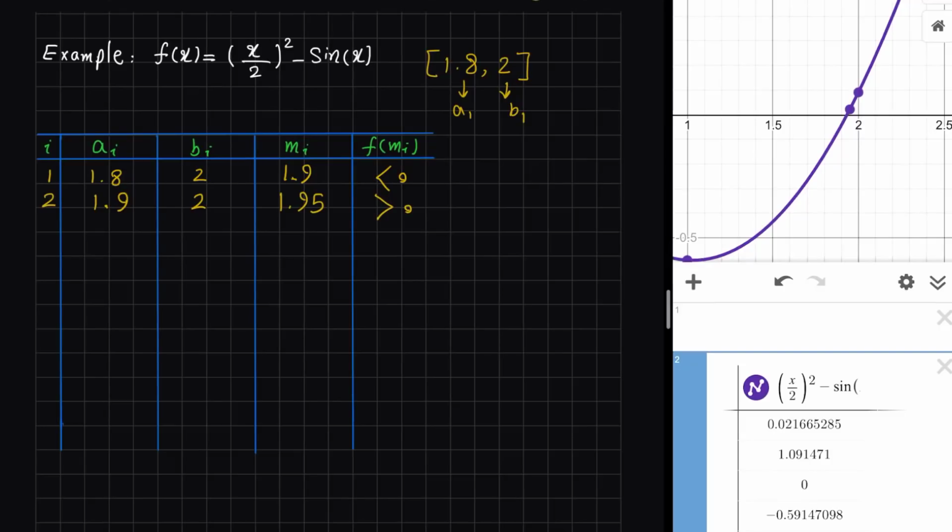So for the next iteration, we replace 2 by 1.95 because 2 was also positive. F of 2 was positive. F of 1.95 is also positive, so we replace with the same signs.